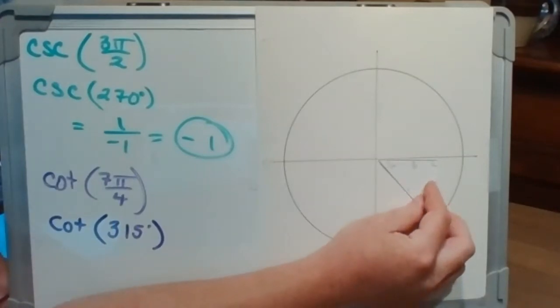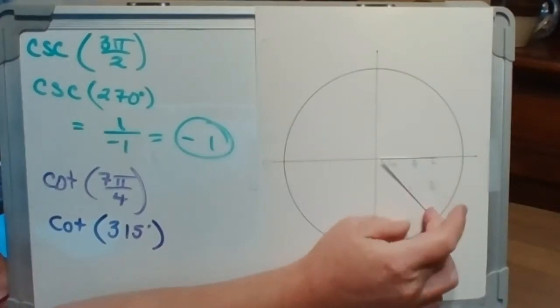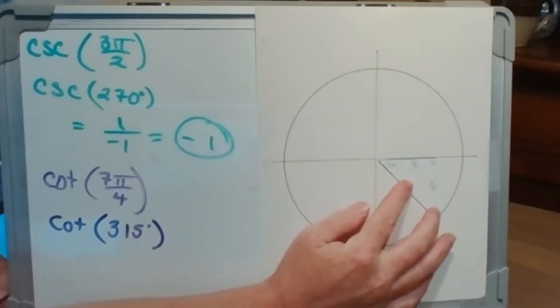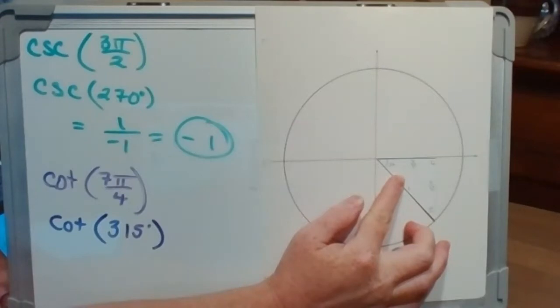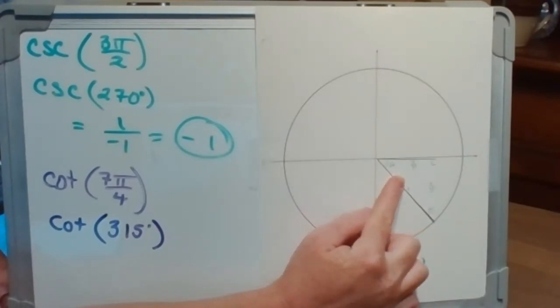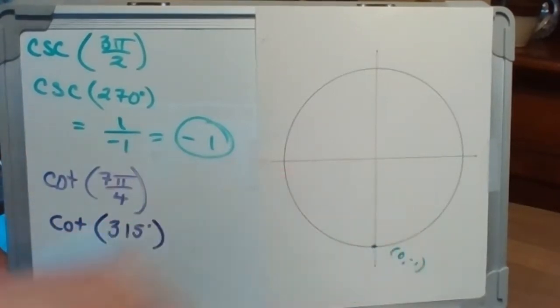Again, our reference angle is at the origin, our right angle on the x-axis. Cotangent is the reciprocal of tangent. It's going to be x over y. My x value and my y value are the same in a 45-45-90. The only thing I have to be concerned about are positives and negatives. The x value is positive square root of 2 over 2, while the y value is negative square root of 2 over 2.